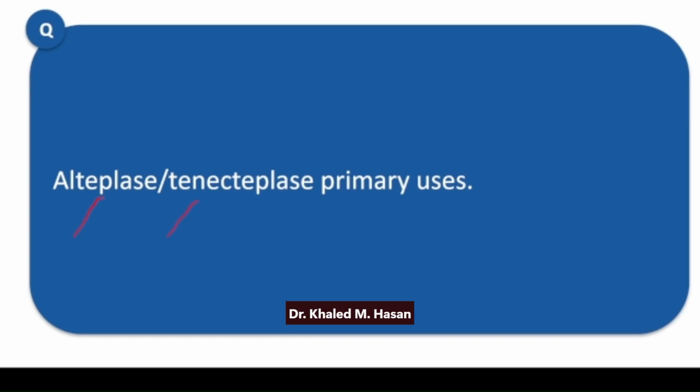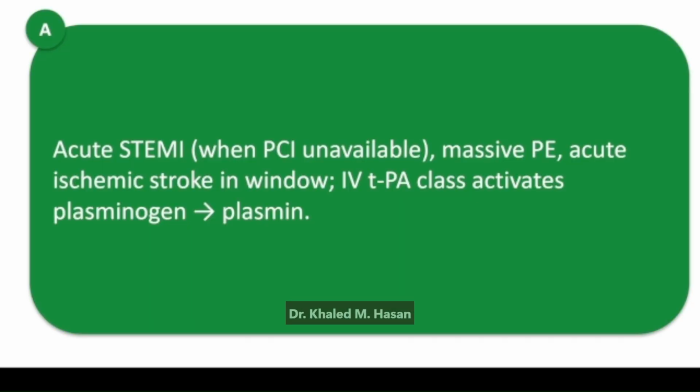What are the primary uses of Alteplase and tenecteplase? We use them for acute STEMI when PCI is unavailable, massive pulmonary embolism, PE, and acute ischemic stroke. We prescribe these medications IV.